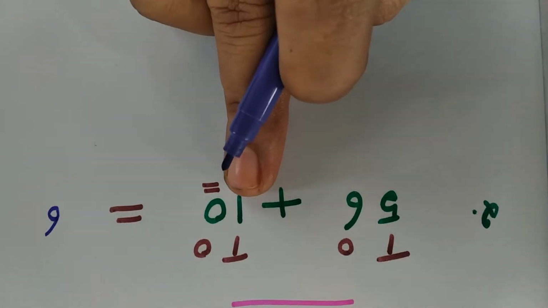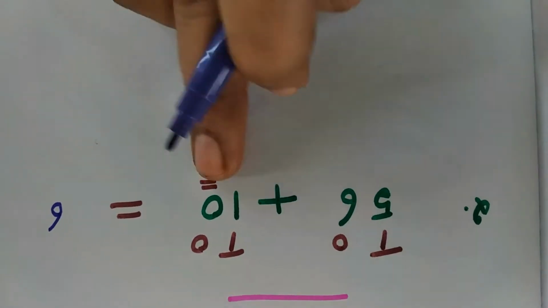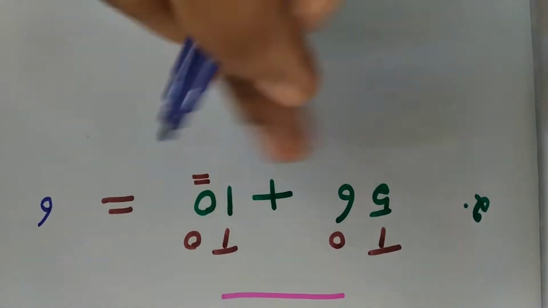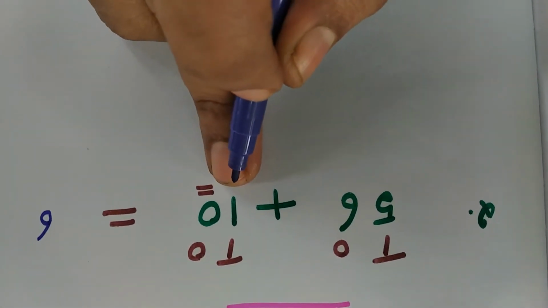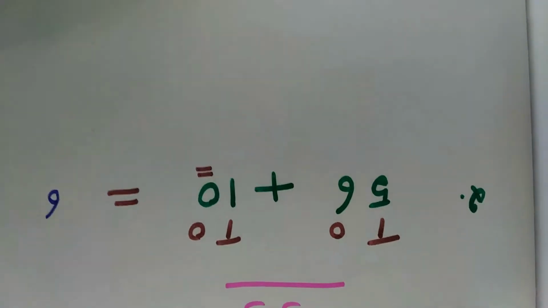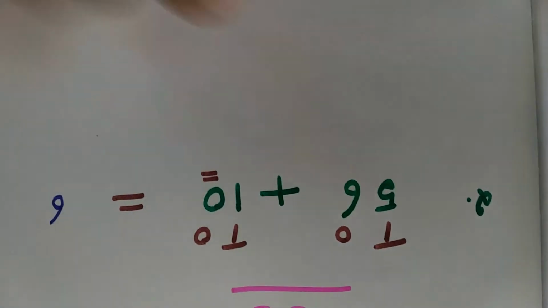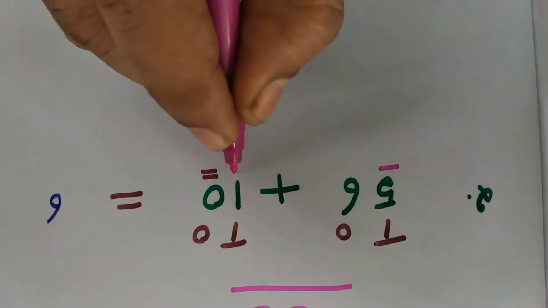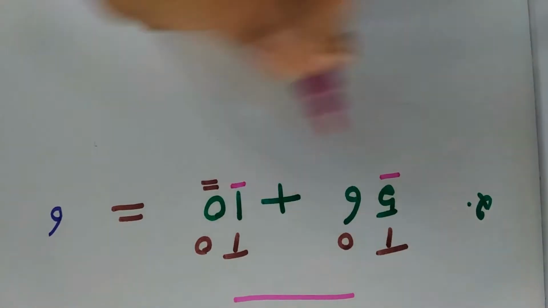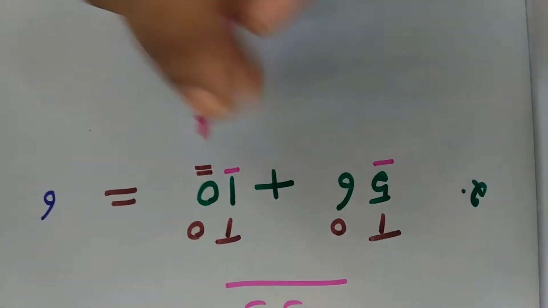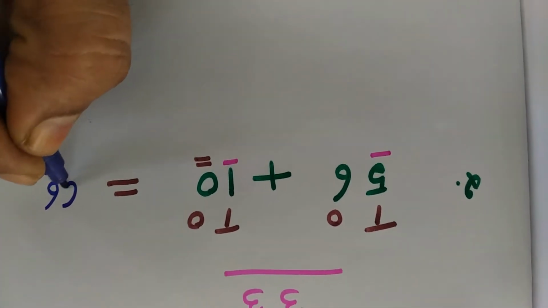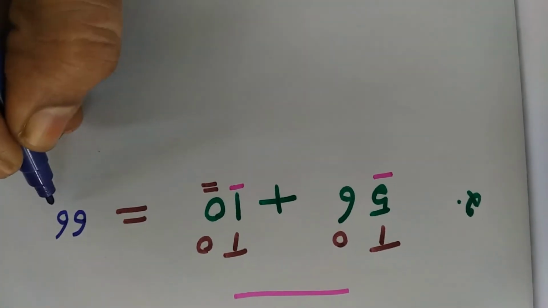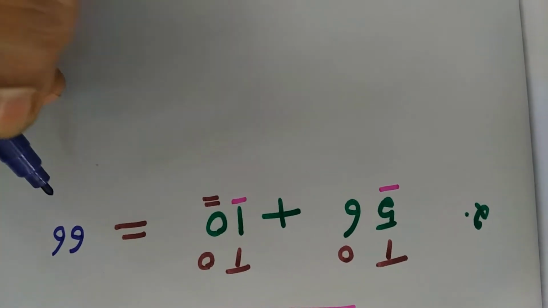So in this number we have 5 tens and in this number we have 1 tens. So you want to add this 5 plus 1. Okay, so 5 plus 1, what is the answer? 6. So what is the answer we got? 66.